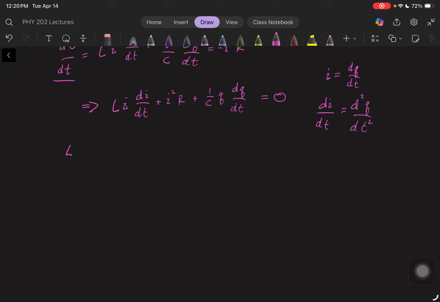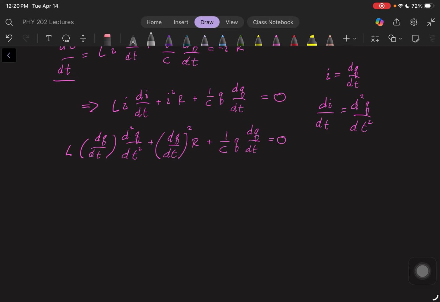And we're going to go ahead and plug those in. And so we have L times an I, which we said is dq/dt, then we have dI/dt, which is the second derivative of charge, plus, well, we have I again, so that'll be dq/dt squared, times R, plus 1 over C times q times dq/dt is equal to 0.